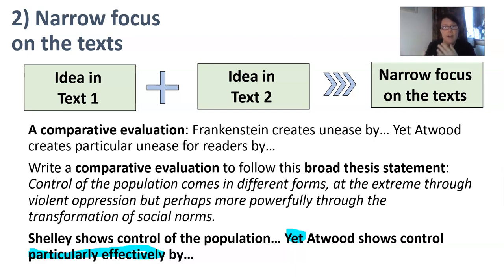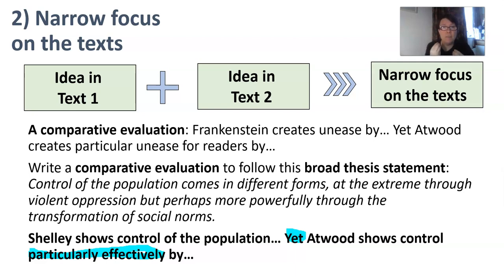Okay, so we've got Frankenstein creates unease by, yet Atwood creates particular unease for the readers by. So you're saying, yes, Frankenstein creates unease, it's sacrilegious and full of controversy and taboo, but for the reader, Atwood creates even more unease.